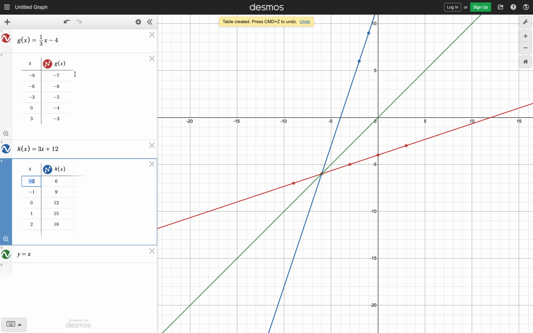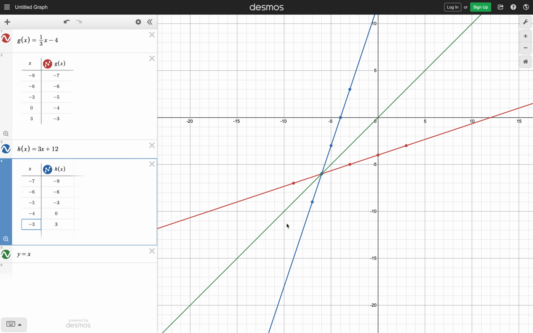And for the inverse, if I take this ordered pair from g of x and interchange the x and the y, I have -7, -9, -6, -6, -5, -3, -4, 0, and we're going to have -3, 3.